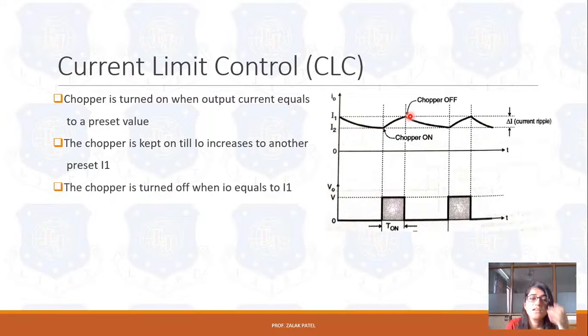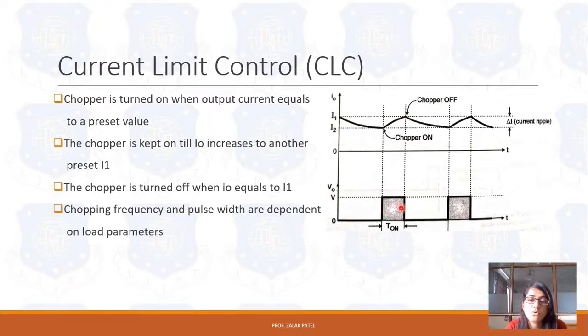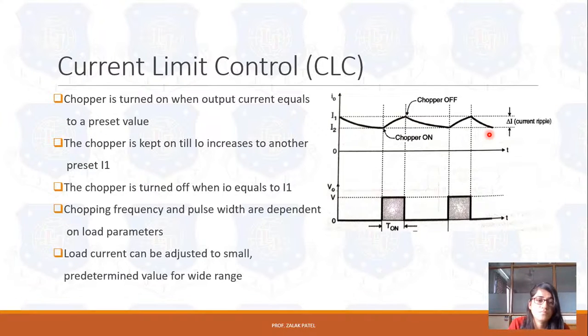So we can say that the chopper is turned off when it reaches the other preset value of this waveform, and only at that time is the on time period available, otherwise it should remain off. So this current limit control depends on the frequency and also on the on time. The load current can be adjusted to a small predetermined value over a wide range, means it depends on both parameters, a combination of the last two methods.